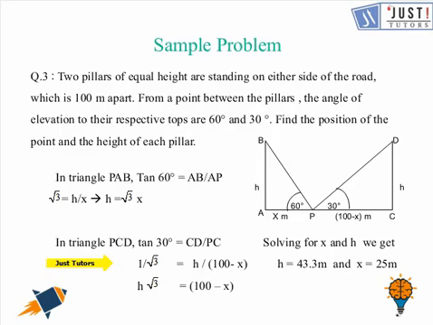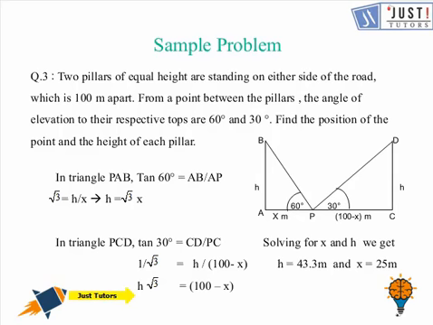Now we'll be applying the same rule in the second triangle, which is triangle PCD, and the angle is 30 degrees, hence it becomes tan 30 is equal to CD upon PC. Now we know that tan 30 is 1 over under root 3, hence 1 over under root 3 is equal to h over 100 take away x. So we can take out the value of h from this equation as well.